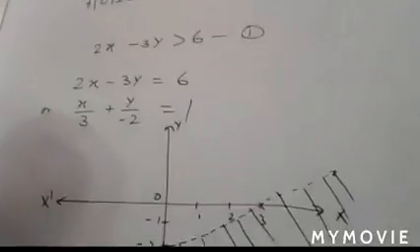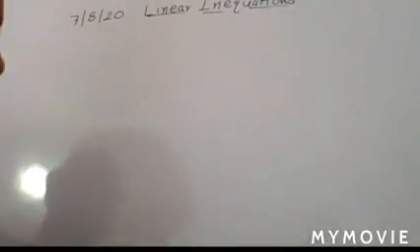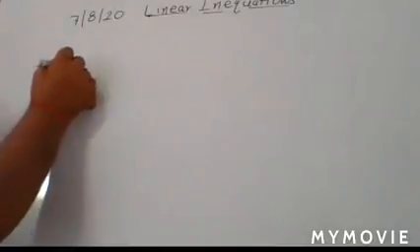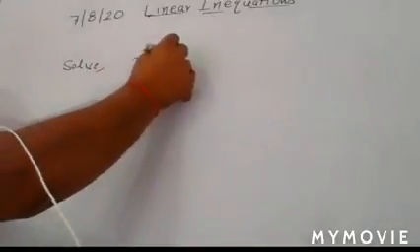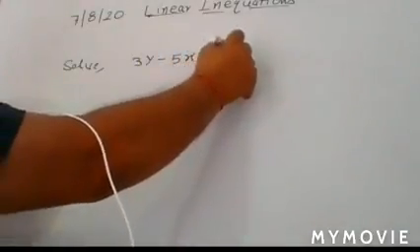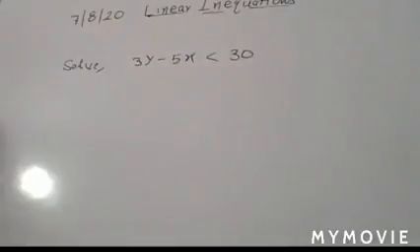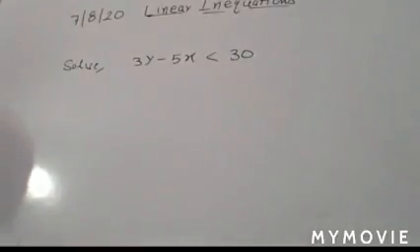So you write: solve 3y minus 5x less than 30 graphically.